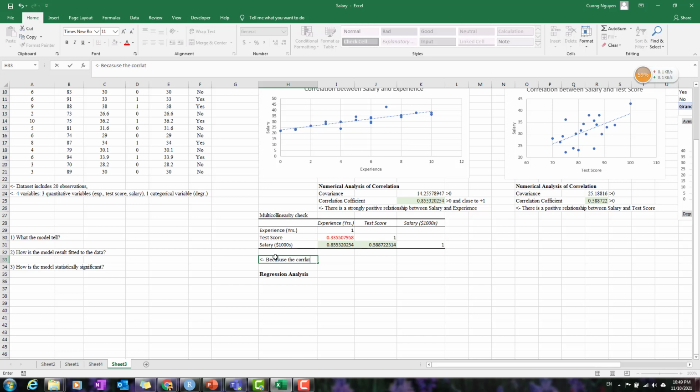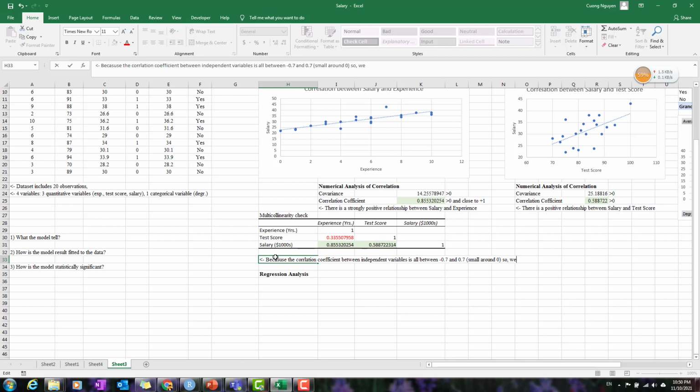the correlation coefficient between independent variables is between minus 0.7 and 0.7, that means small, around 0.